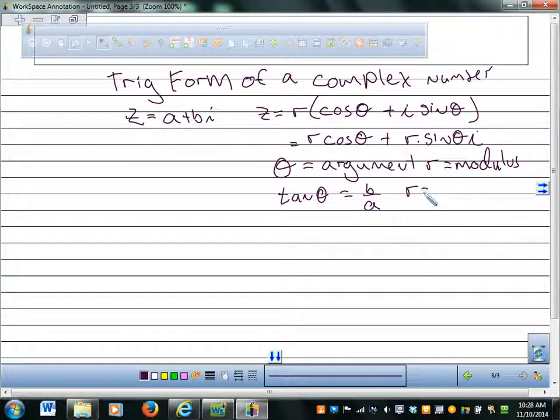And R is equal to, we already talked about that, the square root of A squared plus B squared.